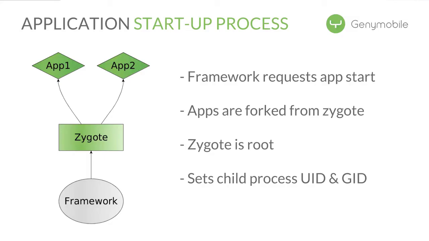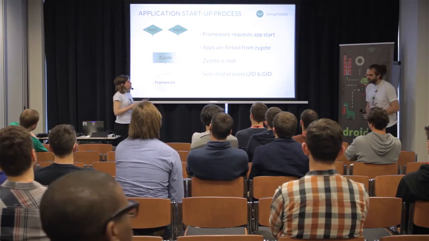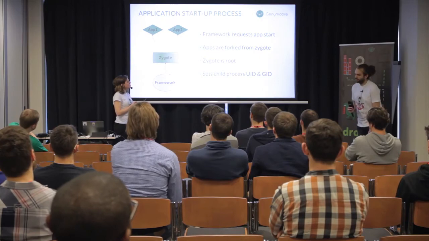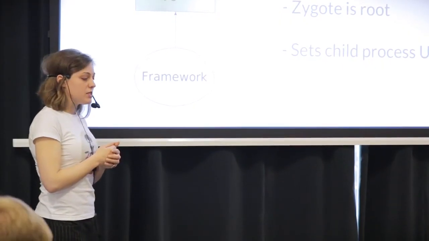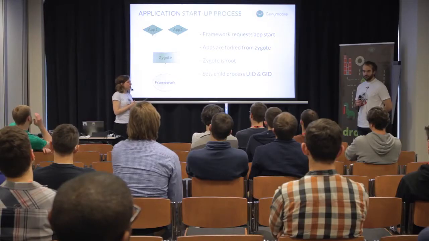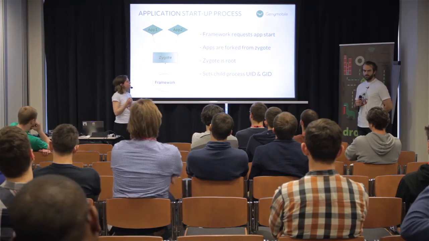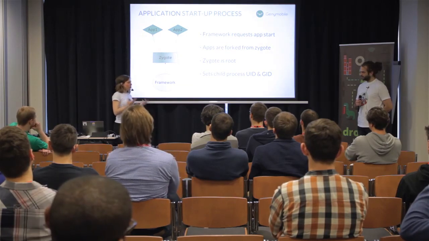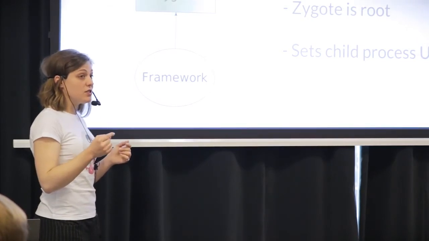So we need to talk about the process, how the application starts on Android. When an application starts, the Zygote is triggered. Zygote is a native daemon with a framework library preloaded, and then Zygote is forked. But Zygote is a native daemon, so Zygote will run as root.